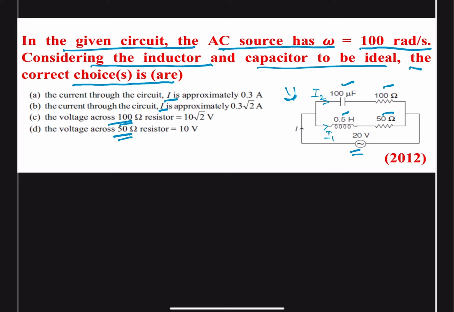And if we say Z1 is the impedance of this entire part, and for the other part we assume that the impedance is given as Z2.